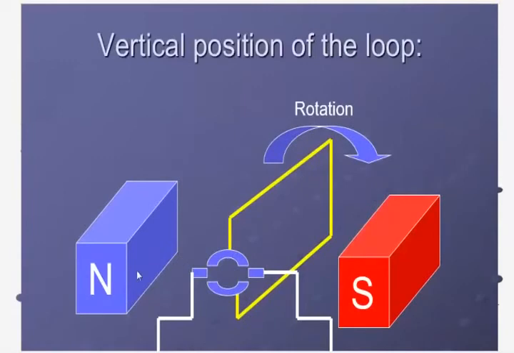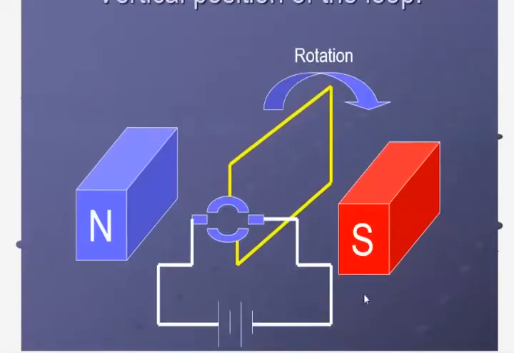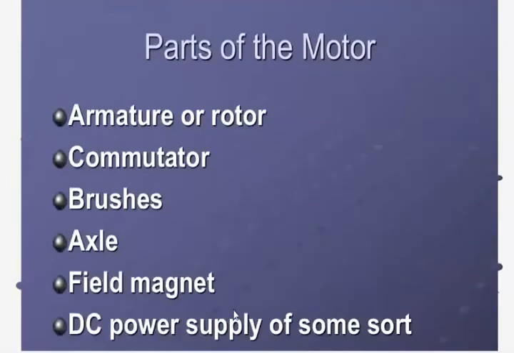This is called field magnet. So field magnet, and then after arranging all these five parts together, then we get electric motor.